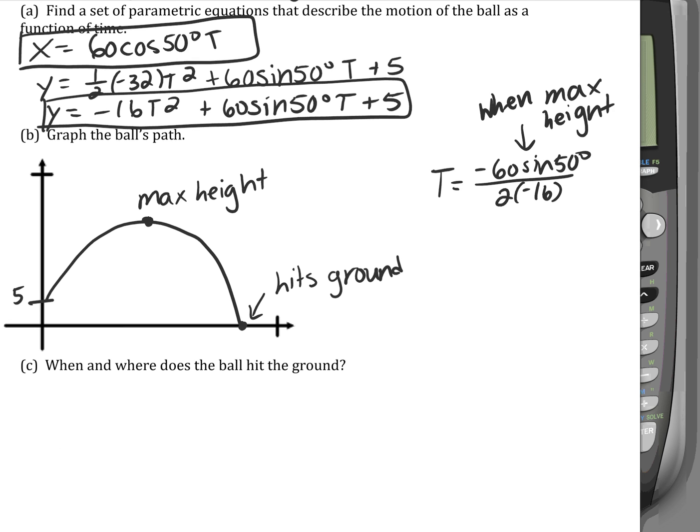We are going to need the quadratic formula for this. Let me write the quadratic formula first just to remind ourselves. t equals negative b plus or minus the square root of b squared minus 4ac, all over 2a. So again, we notice that b is that 60 sine 50.